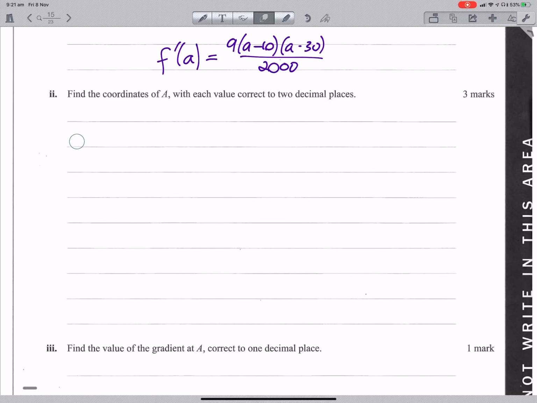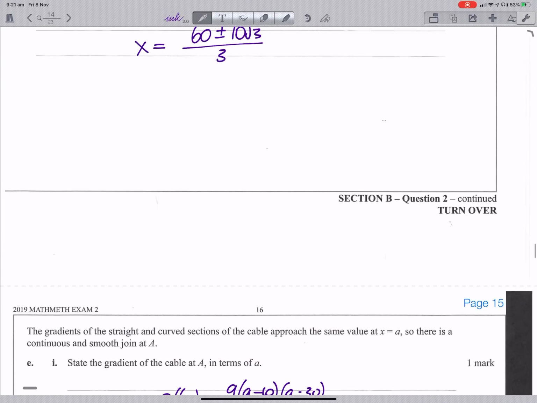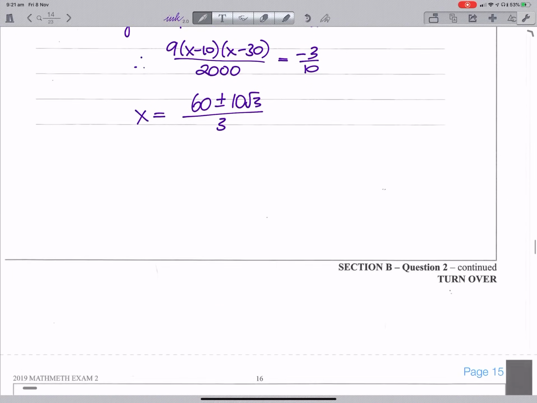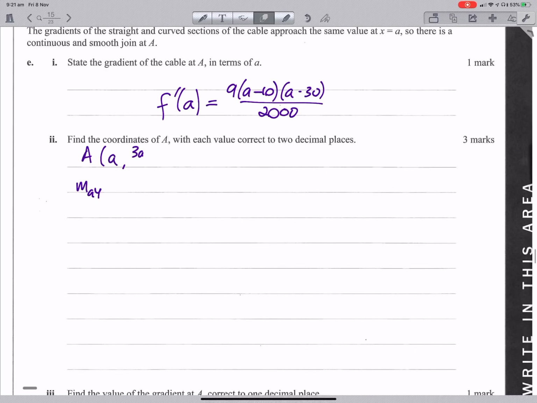Okay, so the gradient, we're going to call it a, and then was it 3a squared? A minus 30 squared on 2000 plus 3. We'll call our y-intercept 0, 10.